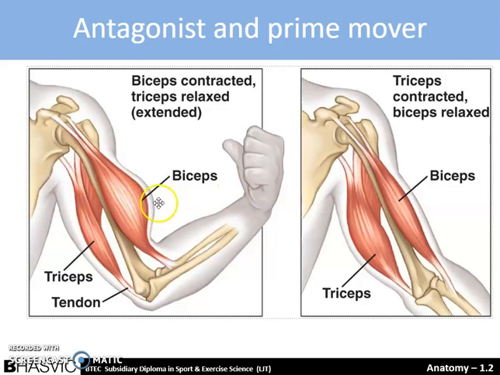The antagonists act as a sort of slowing resistor or almost a brake to the movement of the agonists on lowering movements. Right here, as the bicep relaxes, the tricep acts as a resistor. So as the forearm is extended back out, the movement isn't too quick, so that it could injure the biceps or the triceps brachii or the joint, any of the bones involved in this movement if it was to go too fast.